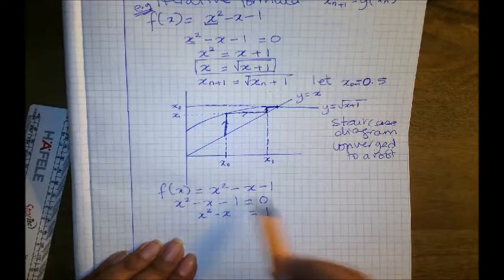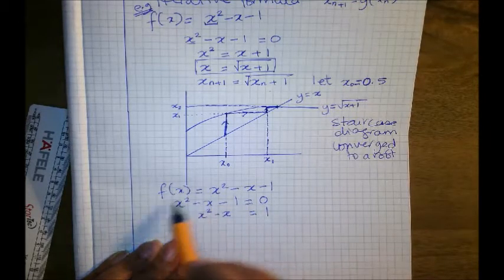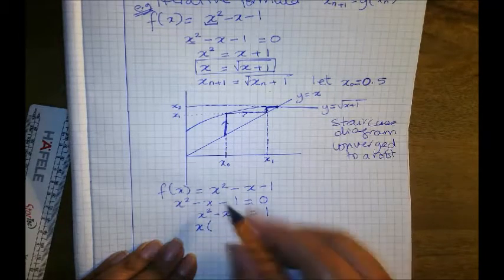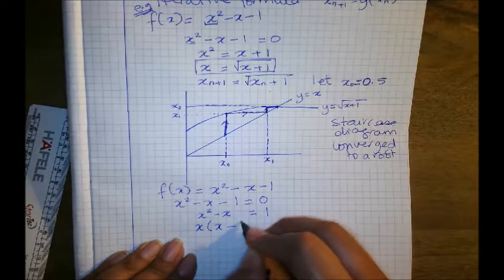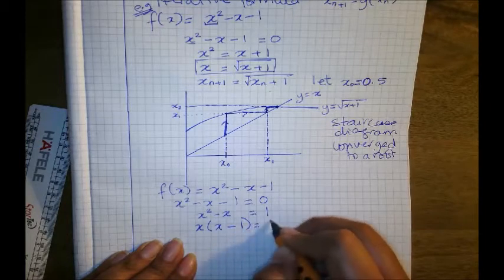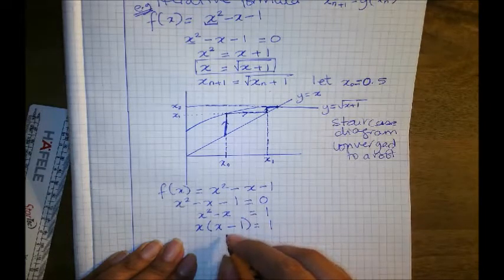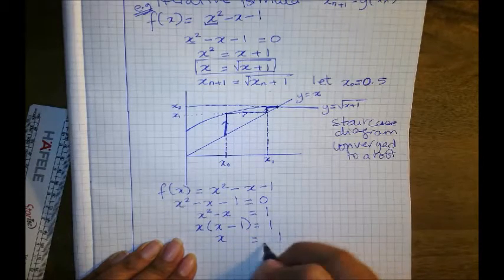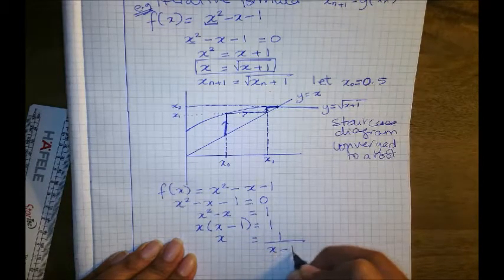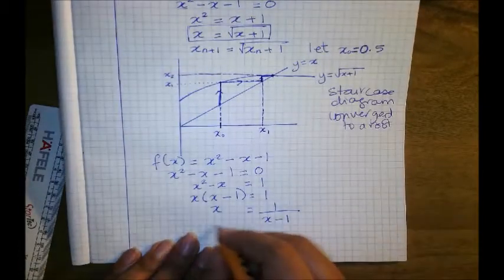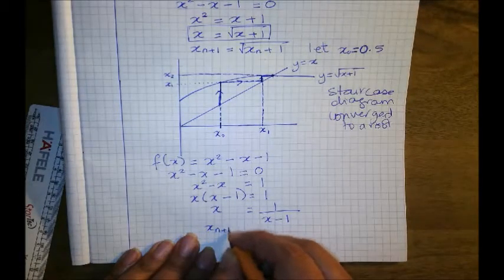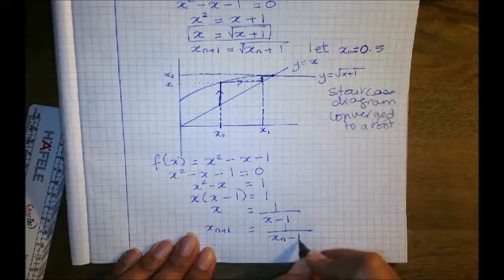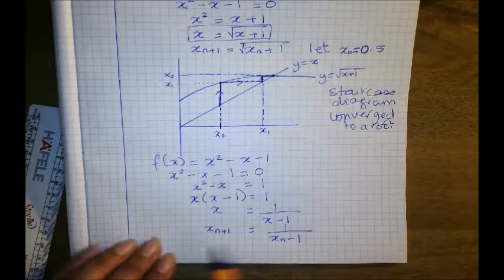And let's see what happens when we rearrange it in a different way. So let's write this again, and if I was to make this x the subject of my formula, then what would happen then? I would have x squared minus x minus 1 equals 0.